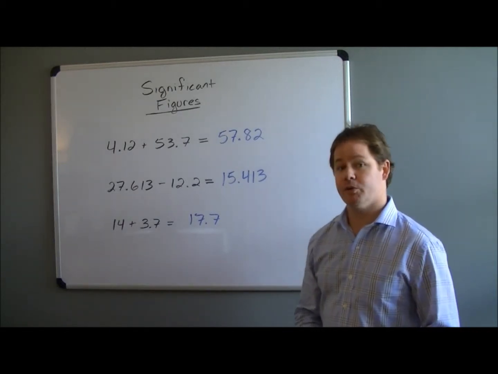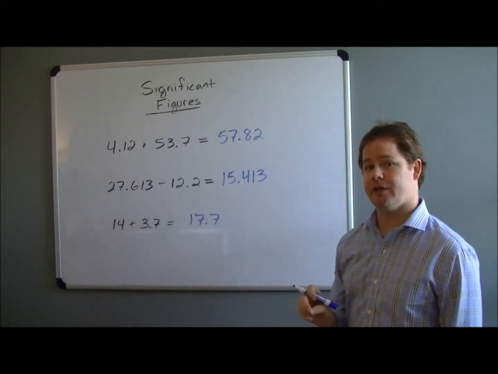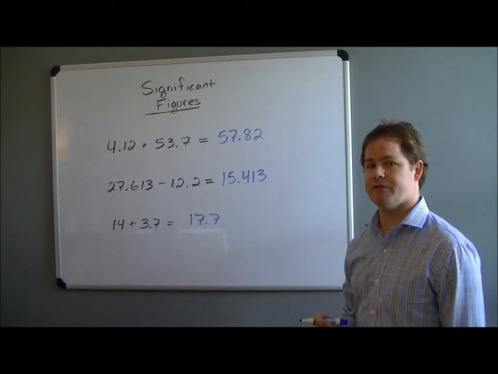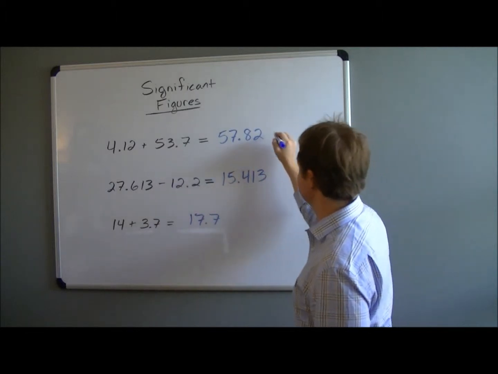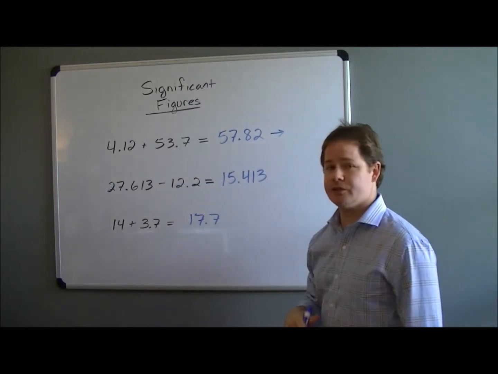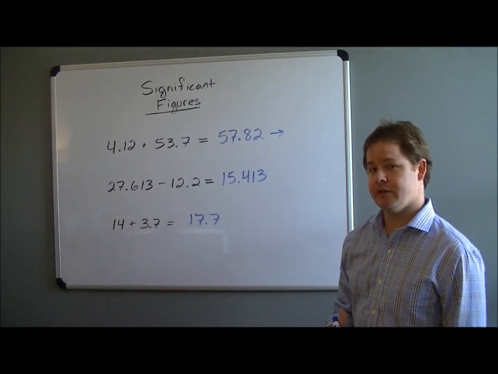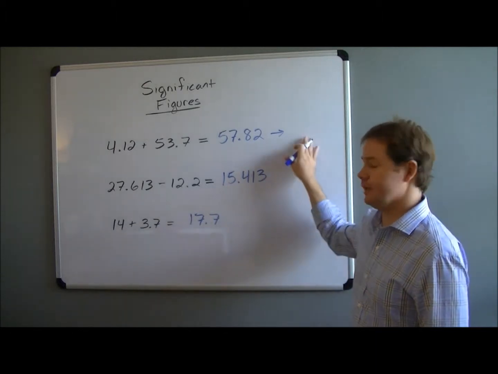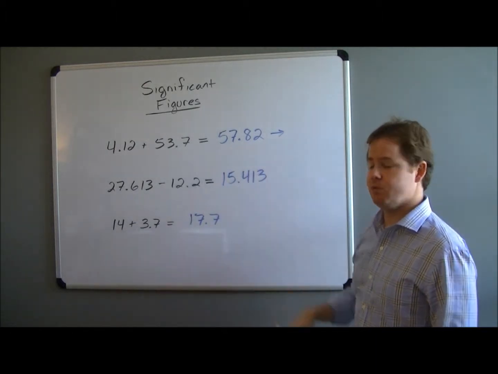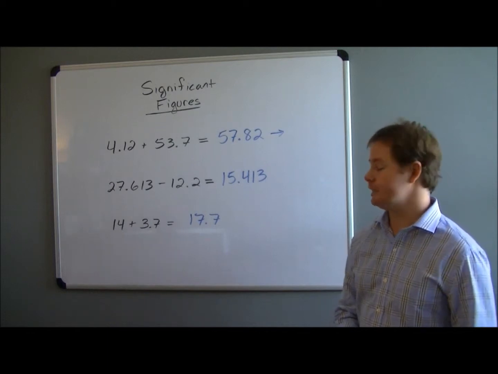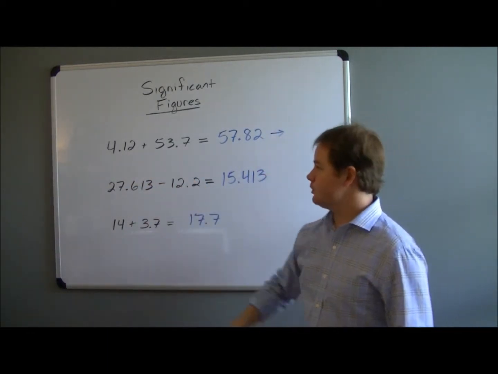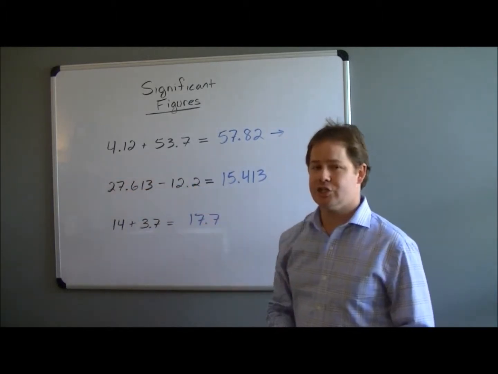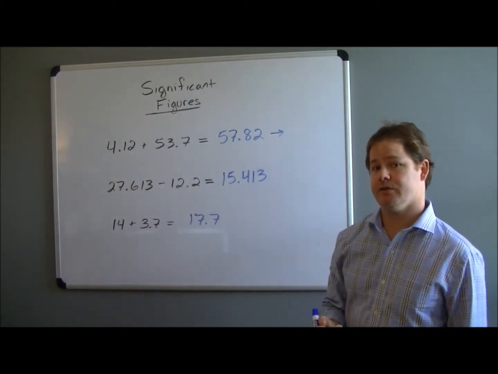Now let's go back through and talk about how to make sure that our answers are written with the appropriate number of significant figures. So 57.82. The rule for sig figs when we're adding or subtracting is that we want our final answer to be written with the fewest decimal places of any of the numbers in our problem. If we take a look, these two numbers each have three significant figures.